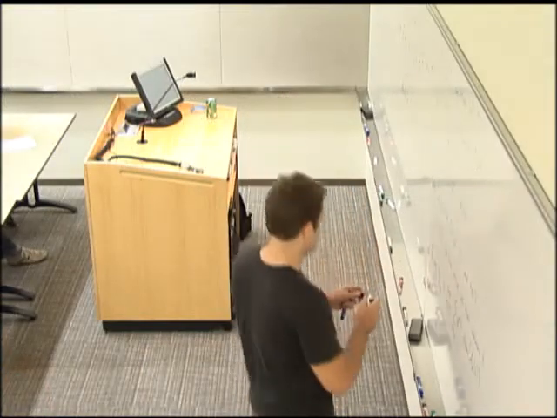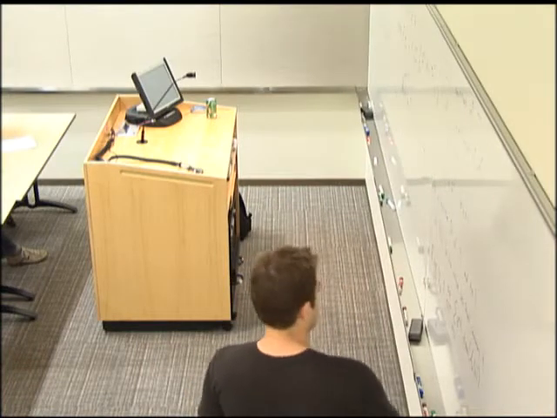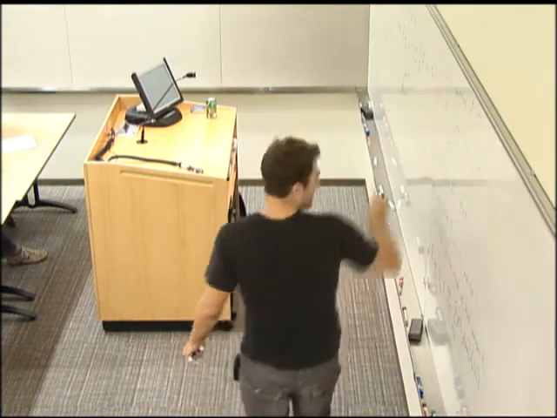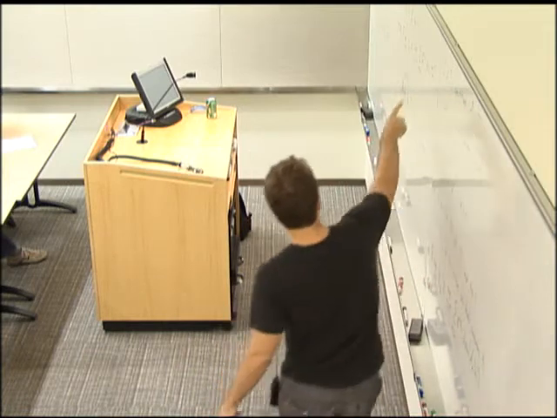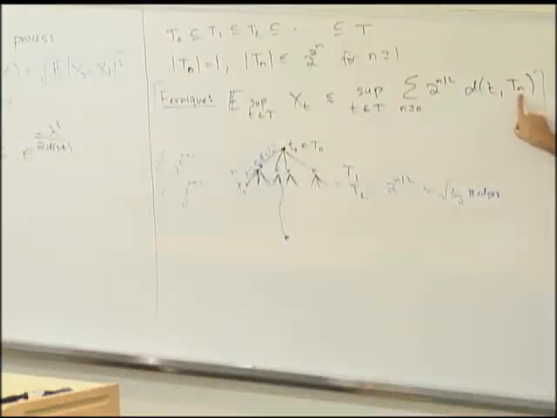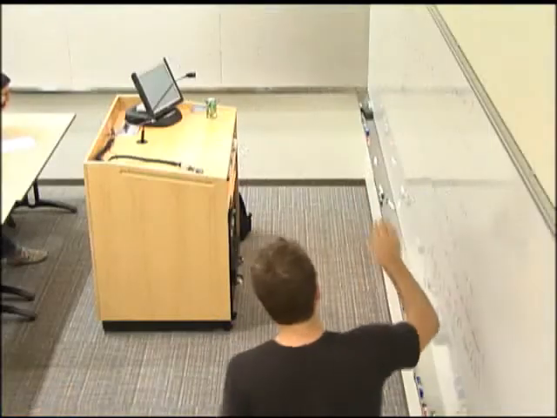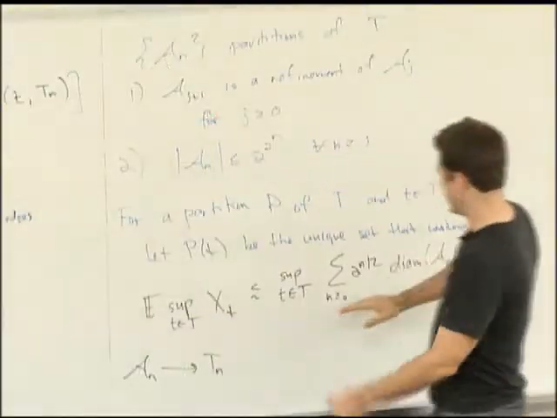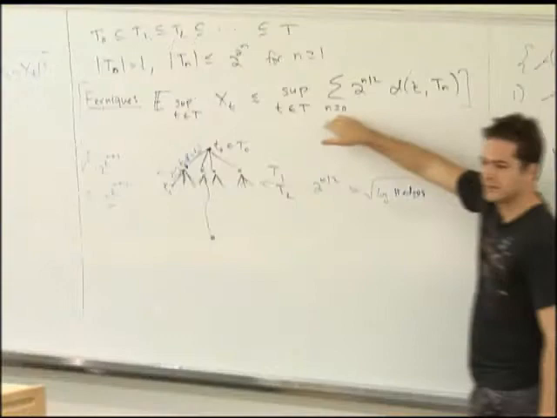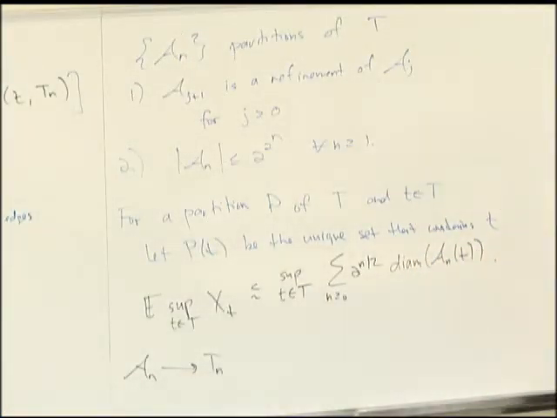And then you can just check that this quantity is upper bounded by this quantity, because the distance from any point to T_n is at most the diameter of the piece that contains it. So well, we know this is an upper bound on this. But this is going to be a little bit easier to work with. All right. So this is the upper bound.